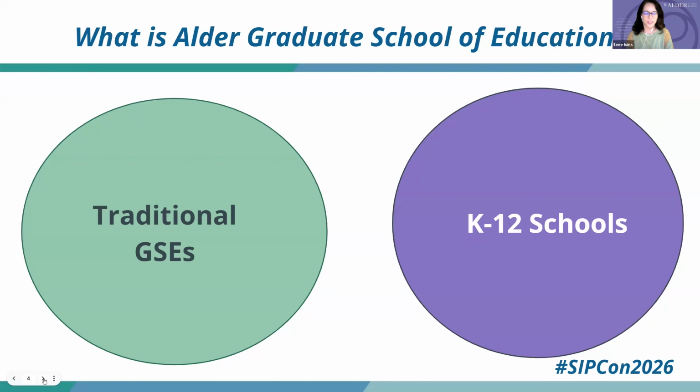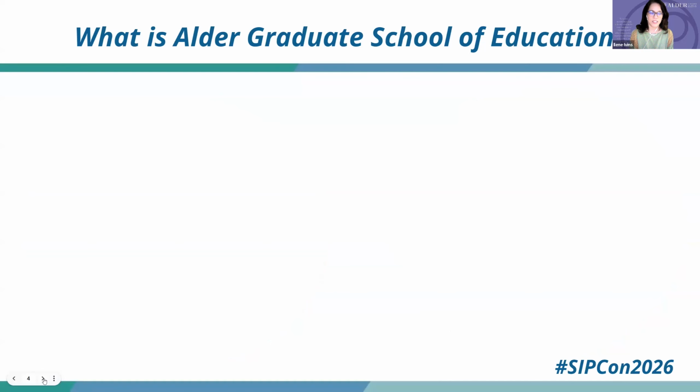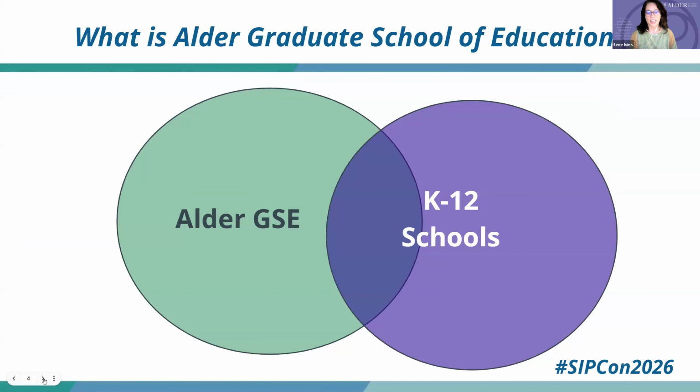So we'll just zoom out. What is Alder Graduate School of Education? Alder Graduate School of Education is a teacher residency, and in this model of training teachers, we really rely on a partnership between our institution, our Graduate School of Education, and our K-12 partners.